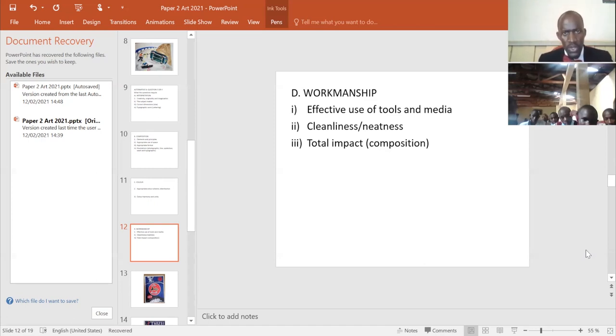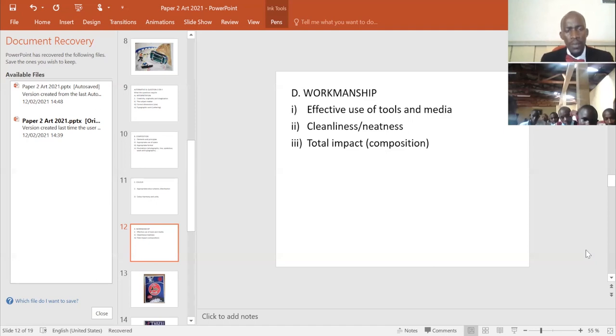Again, lastly, as we talk about workmanship, the overall composition. Have you been able to, one, interpret the question correctly? If you are asked to create a poster, have you created a poster? If you are asked to create a letterhead, have you created a letterhead, or does your letterhead tend to look like a page layout?